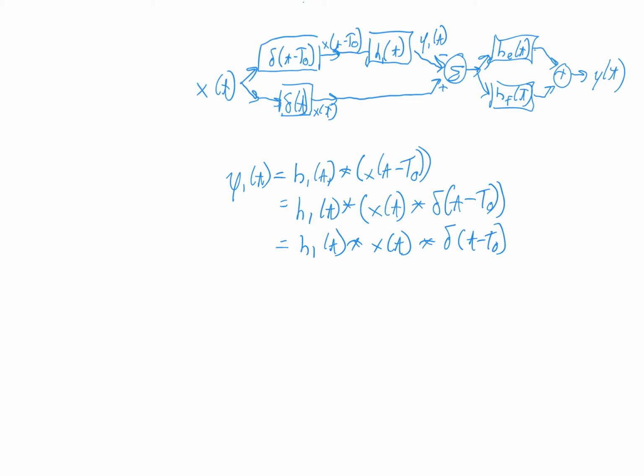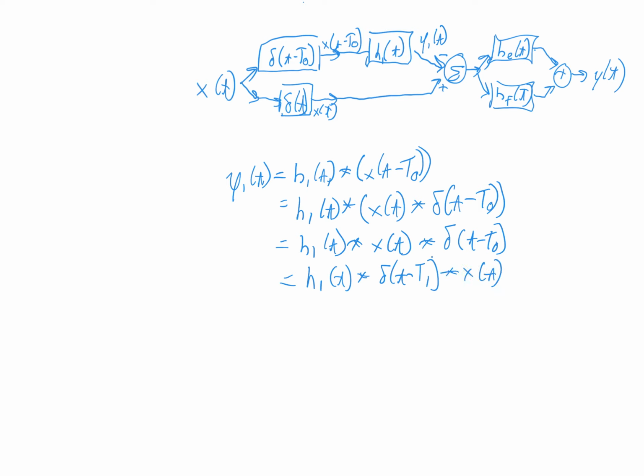Now, since it's associative, I can rearrange the terms, and we often do this. We say, well, let's take the systems and group them all together. So there is the system with impulse response h1, and the system that does the delay with impulse response delta at t1, and I'll rearrange it this way.